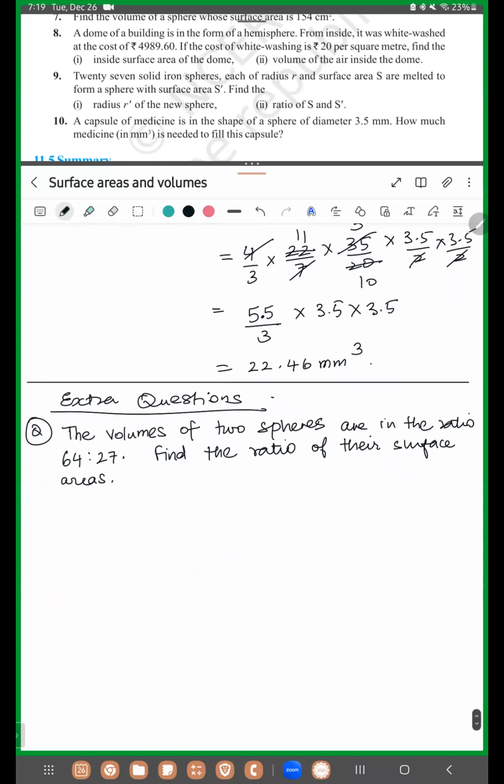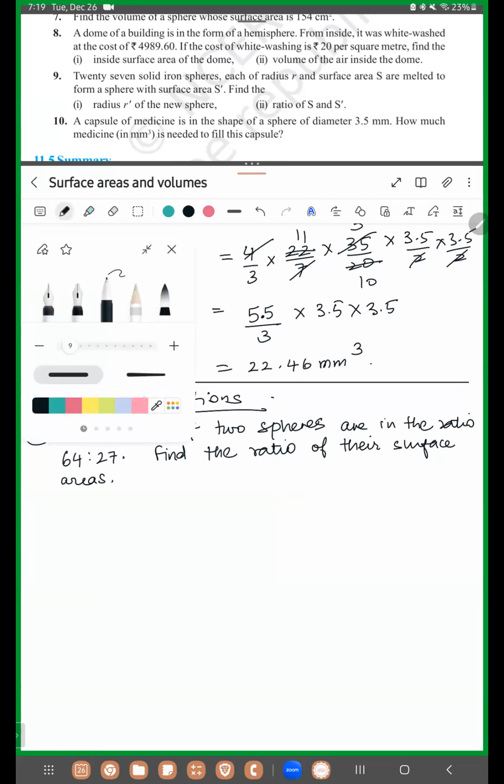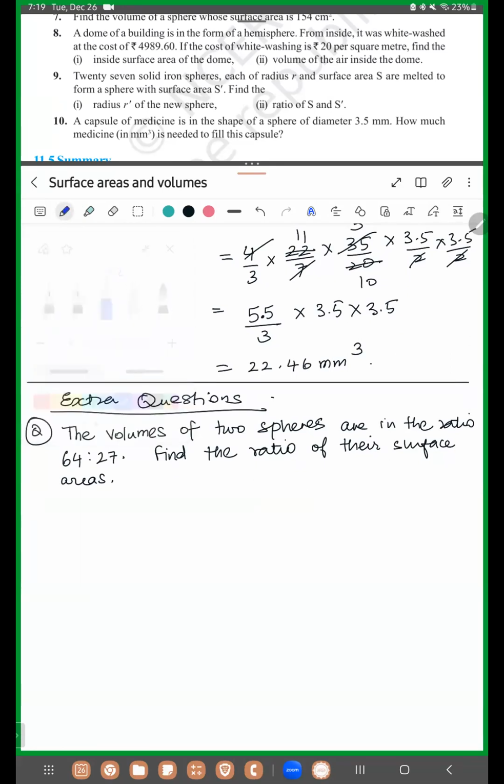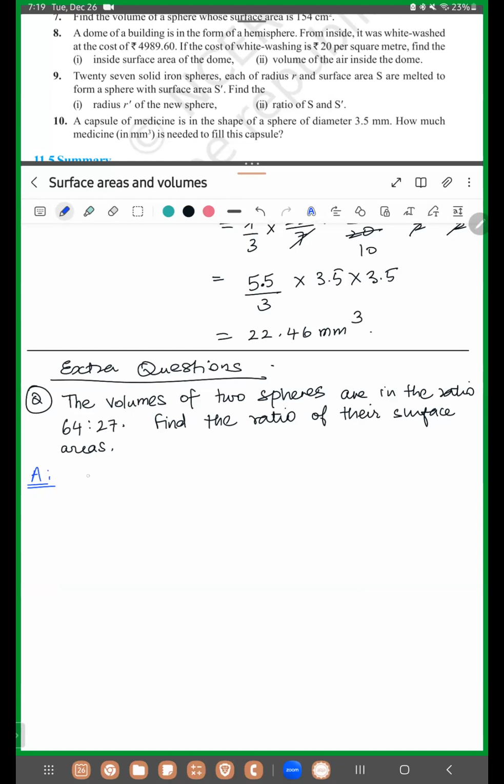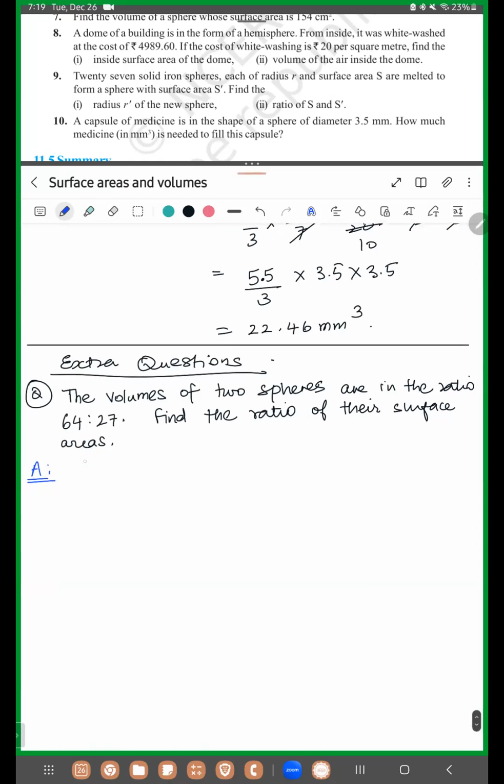Okay, so the question is given. Let's first say that R1 and R2 be the radii of the first sphere and second sphere respectively.